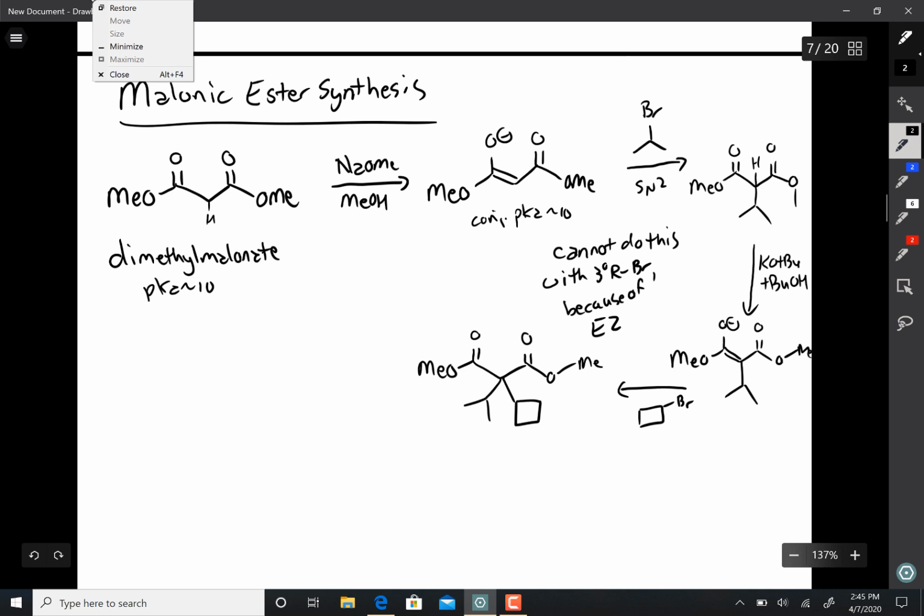Okay, now here's the neat thing about this reaction. You can stop here if you like, but you can also hydrolyze the two to give this compound.